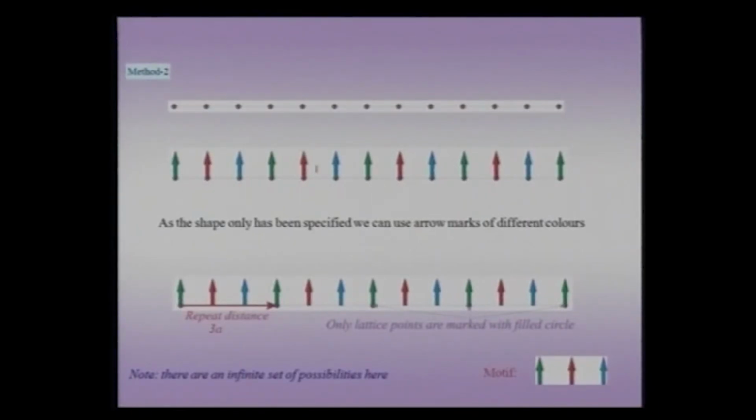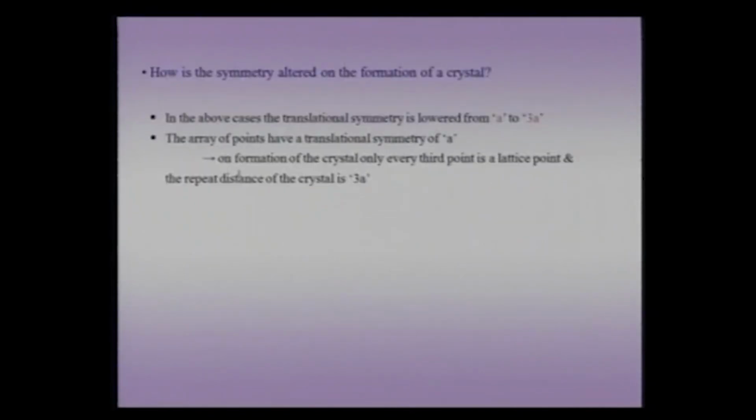The second sublattice would have its origin shifted at a distance A from the original lattice, and that subcrystal will be completely populated only with red arrows, and the third subcrystal would be populated with blue arrows, but its origin would be shifted at distance 2A from the original lattice or the green lattice. Therefore, this is an example additionally to show you that the concept of sublattice can be applied to understand such kind of crystals which are ordered crystals.